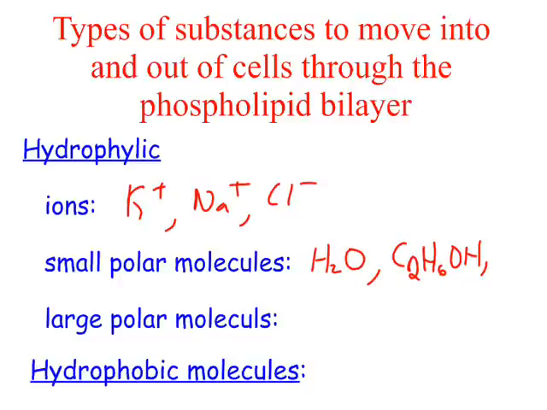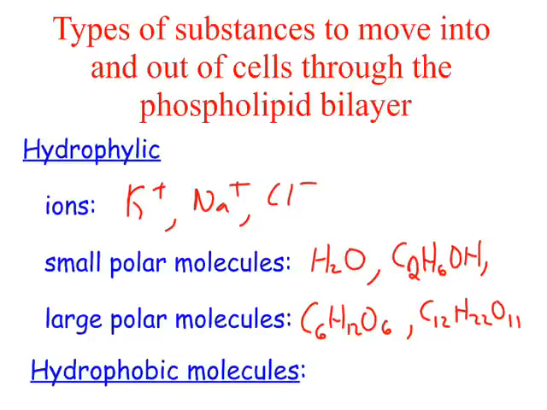Again, polar molecules being ones in which the electrons are shifted toward one side of the molecule due to difference in electronegativities of the atoms as well as the shape of the molecule. Okay, then we have larger polar molecules such as glucose and sucrose, which again are polar in nature.